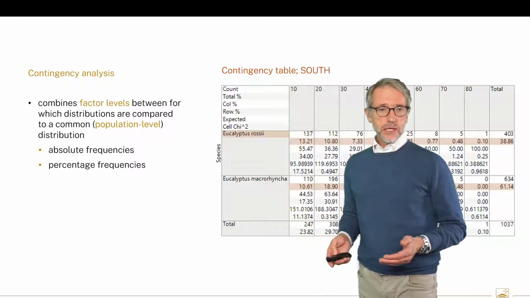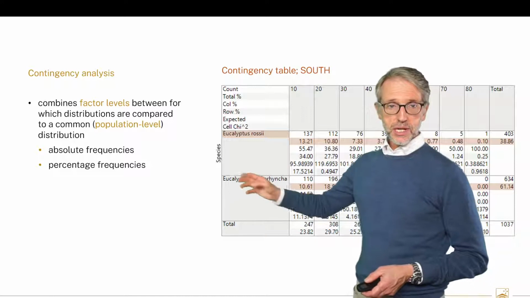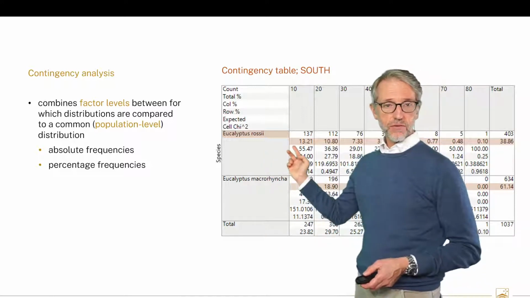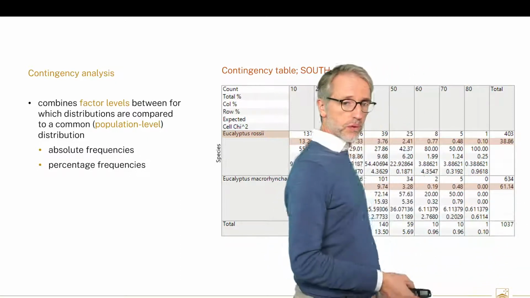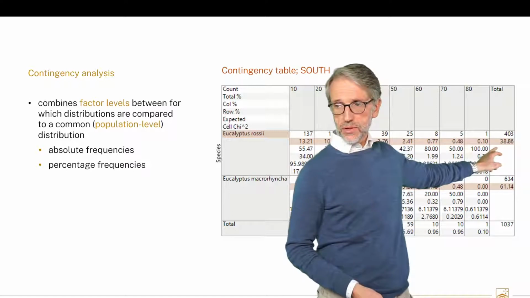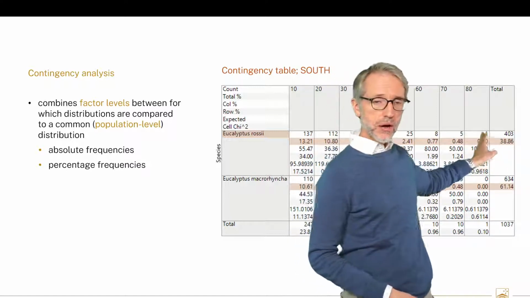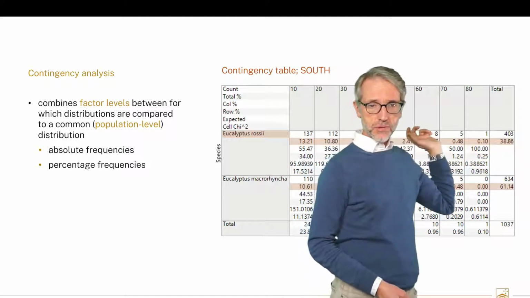Alright, so we have our absolute frequencies. The table as well is made up of percentage-based frequencies. Here you can see the percentage of observations within the row. As we go along the row, we get to the end and you can see just over 38%, nearly 39% of all of the observations in the data set are for Eucalyptus rossii.